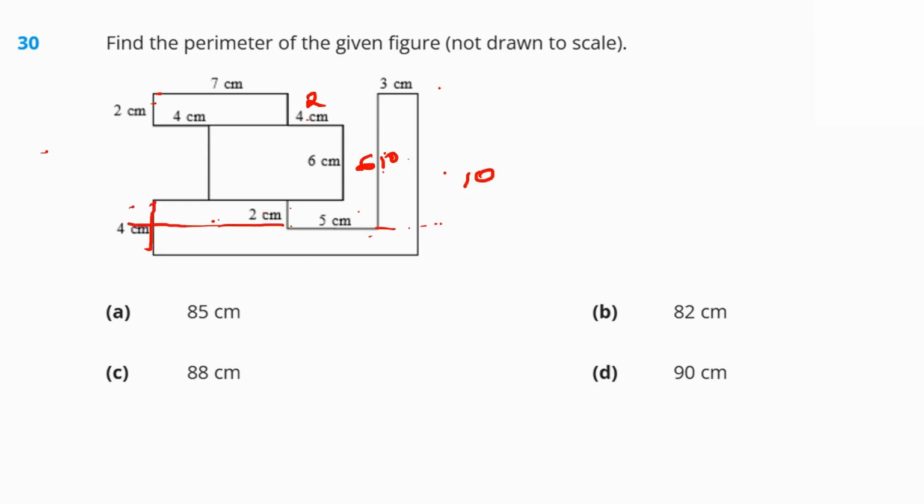Half of it is 2, so the remaining half, the excess part, also has to be 2, which makes the entire thing 12. Now we'll find out the base. Till here we see 7 centimeter. After that is 4 centimeter till here. So that's 4. This whole thing is 5.